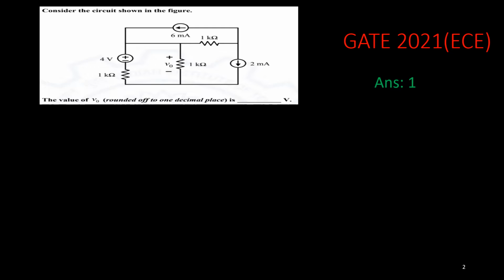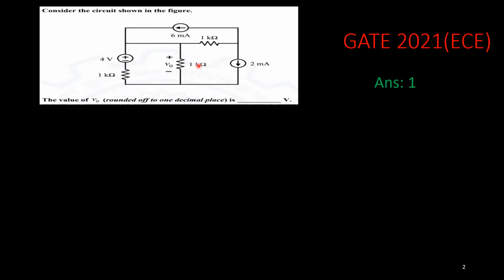In this video, I'll discuss one problem from GATE 2021 ECE. If you look into this problem, you will see this circuit contains three sources: one independent voltage source of 4 volt and two current sources, one of 2 milliampere and another of 6 milliampere, and three resistances, all 1 kilo ohm.